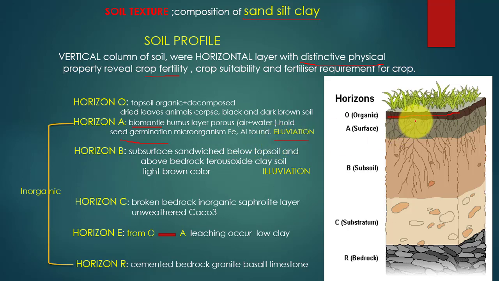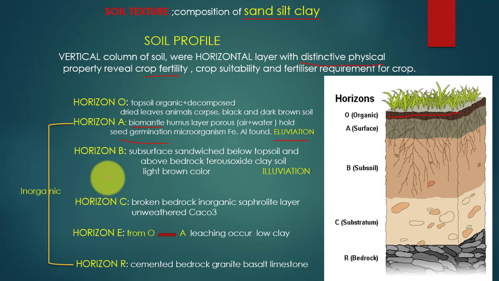Alluviation means that from the organic layer, due to runoff or water washing away, minerals are found in suspended matter, or whatever salts and other components are found in dissolved form, or they just coagulate.